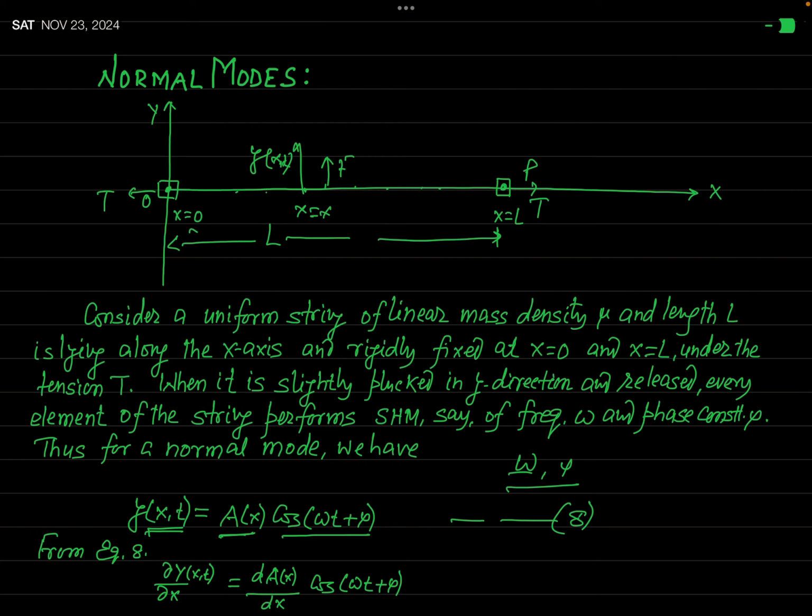Now, for getting the normal modes and normal frequencies of vibration, let us do some mathematics here. First of all, you can see y is a function of x and t. Now our aim is to find the second order derivative of this y with respect to x and also with respect to t.